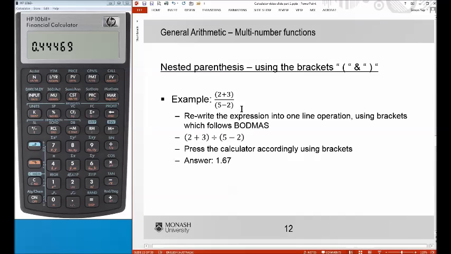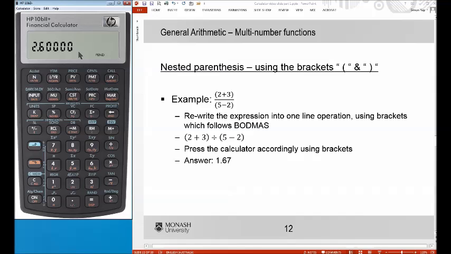Now, for example, suppose we want to calculate this expression. So first of all, I clear all my memory. If you enter 2 plus 3 divided by 5 minus, before I put in the last digit, the calculator displays the intermediate result, which is 2.6.